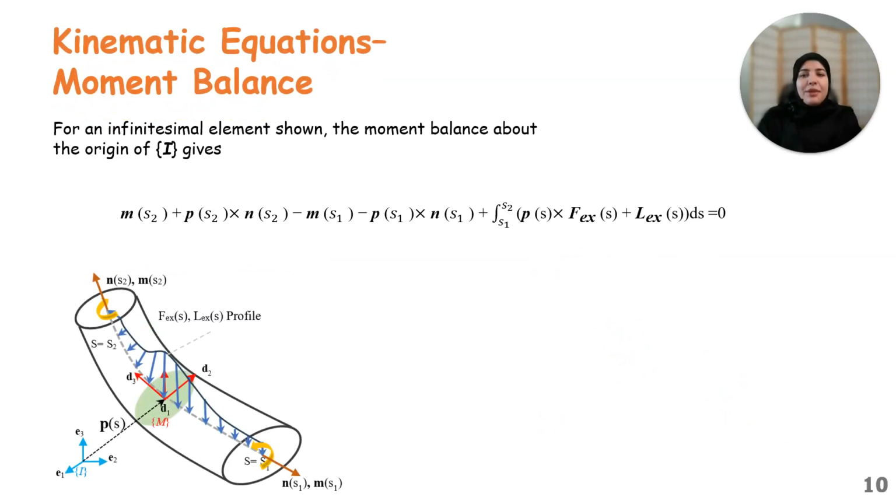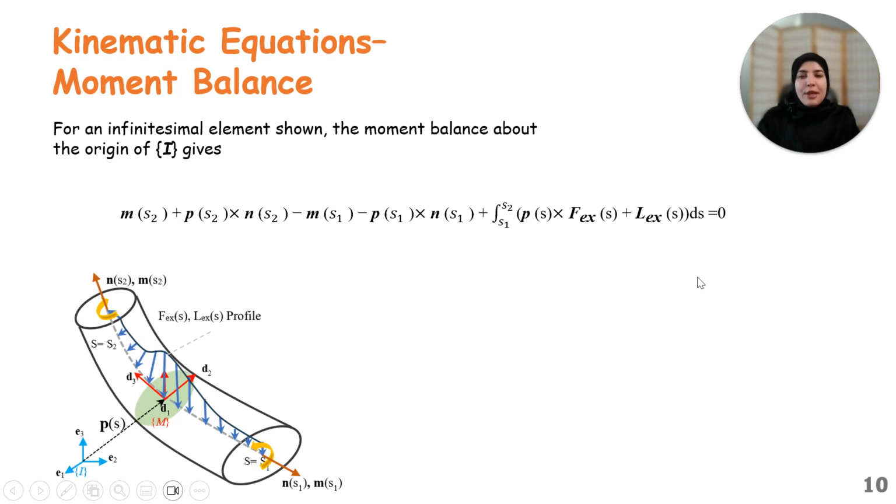Now let's get to the moment balance equation. To get the moment balance equation, we consider again the infinitesimal element shown here and write down the moment balance about the origin of the global frame, frame I. This gives us this equation.